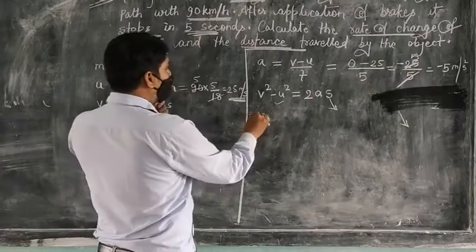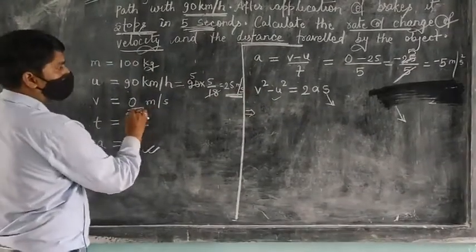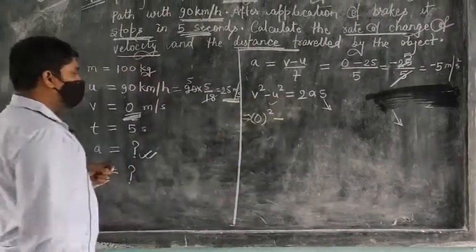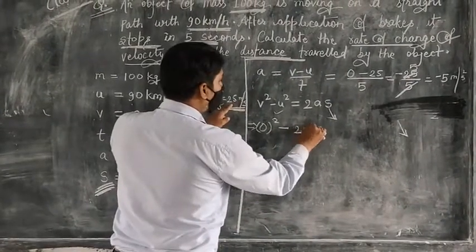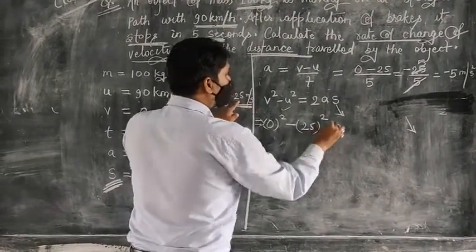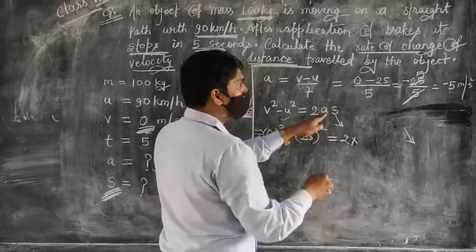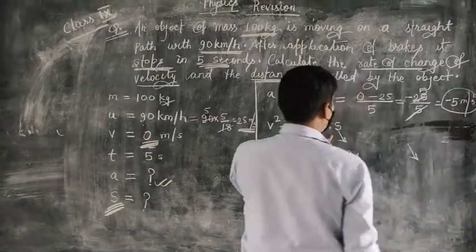In place of v square we write 0 square, minus, in place of u square we write 25 whole square, is equal to 2 multiplied by a, which is nothing but minus 5 meter per second square.